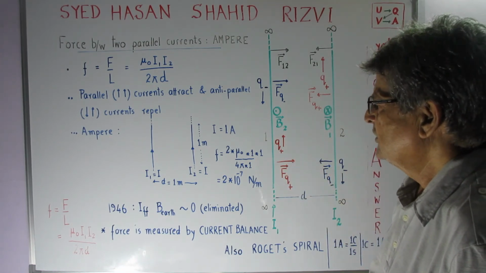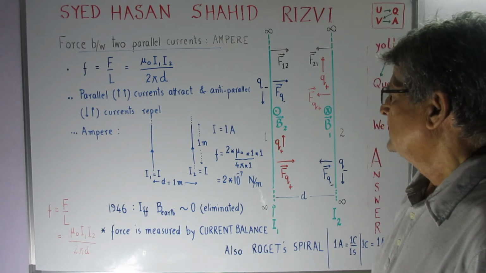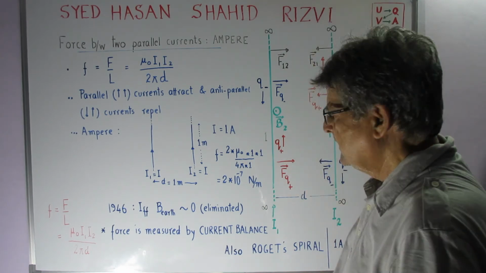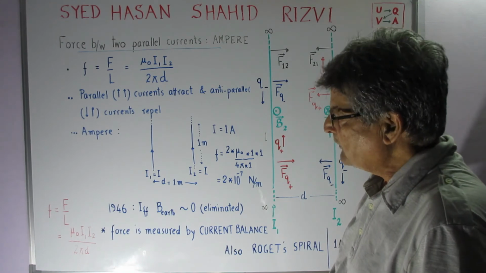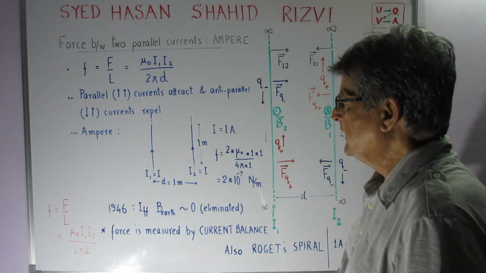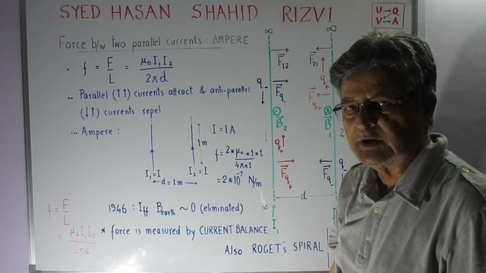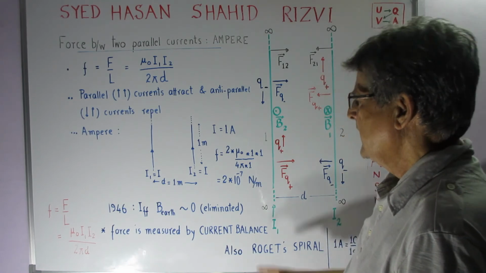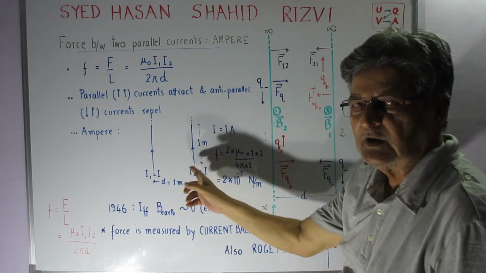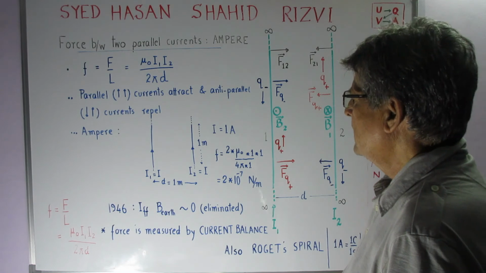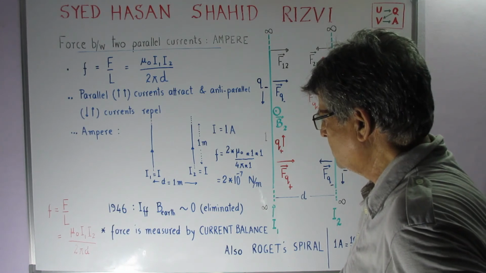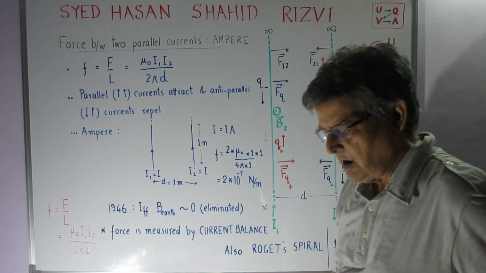Before I part from you, I would like to say that if you understand that, then many a problem where we can ask you to calculate the value of the force per unit length, or value of the force for a length of 2 meters, 5 meters, 7 meters, etc., when the separation is 1 meter, 2 meter, half meter, 5 centimeters, etc. And this is the way that we test you if you can do the things quickly or not.